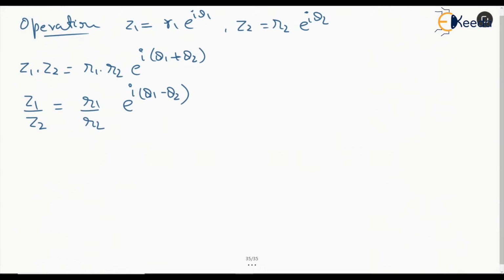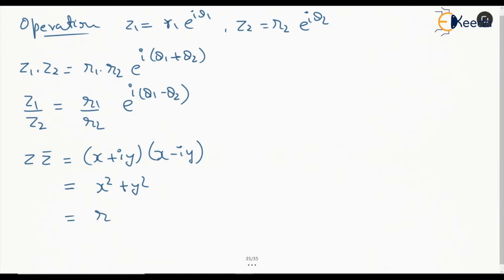And if we have to find z into z conjugate, we know this is x plus iy into x minus iy. This becomes x square plus y square, which is nothing but the square of the absolute value.